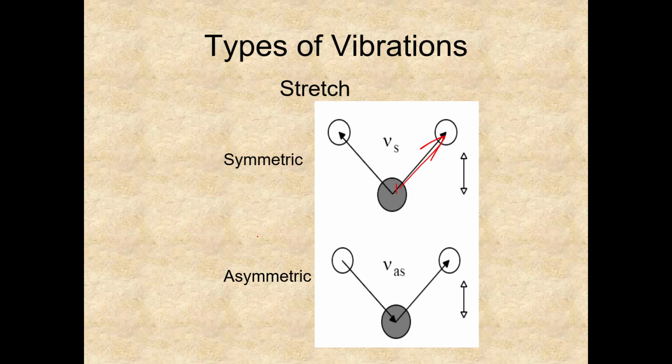You can think about the 3 atoms like this. If this is the vibrational mode, you can imagine that bond getting longer and this bond getting shorter, and then this bond getting longer and this bond getting shorter. That's an asymmetric stretch. A symmetric stretch would be where they both increase in length the same amount. So that one would get longer and that one would get longer, right?